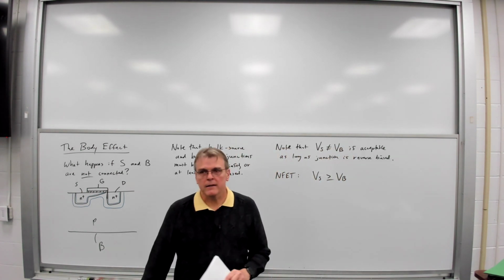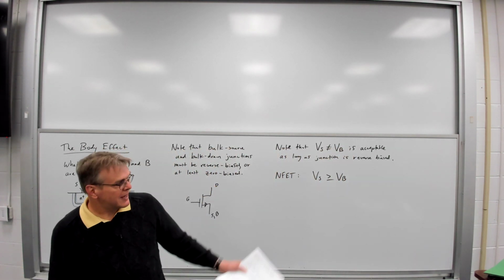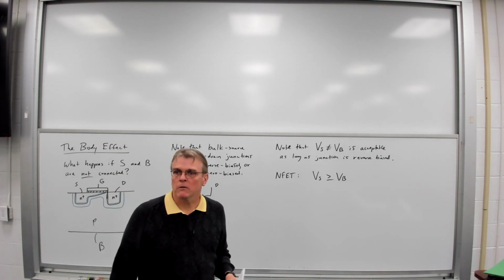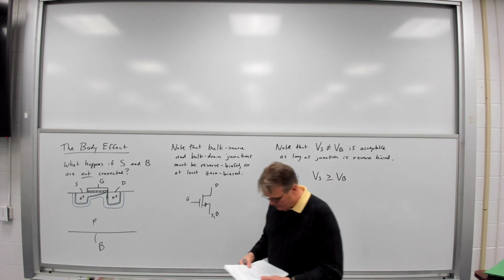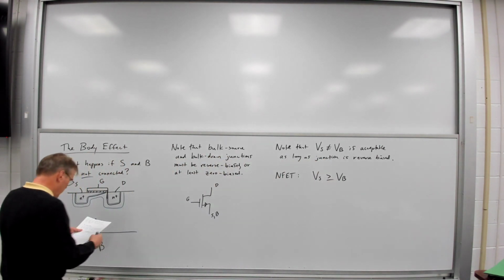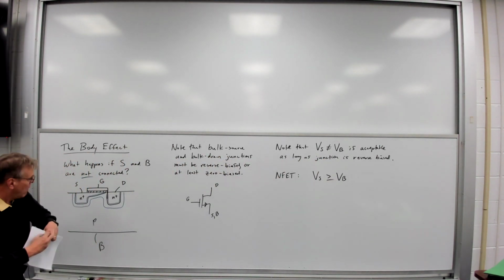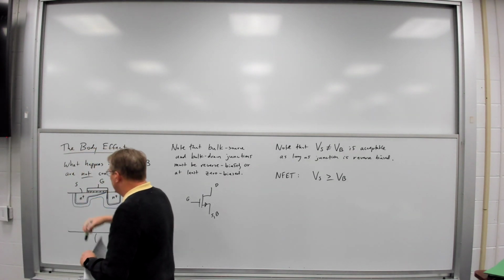So for a MOSFET, Vs, the voltage at the source, can be greater than or equal to the voltage at the bulk. That's common sense if we want to preserve the operation. So what happens if we do this?